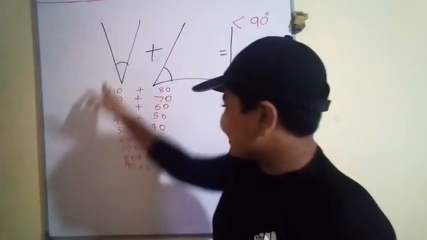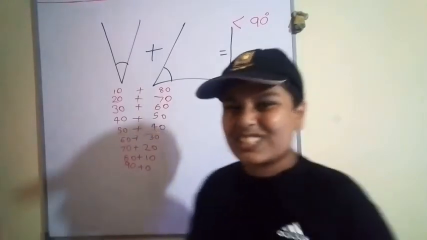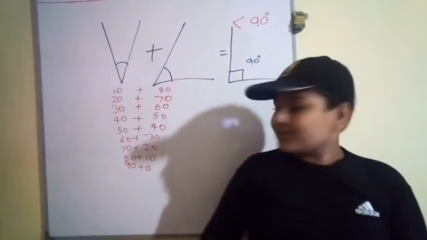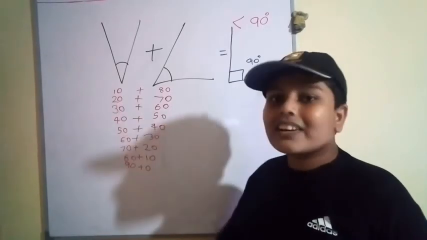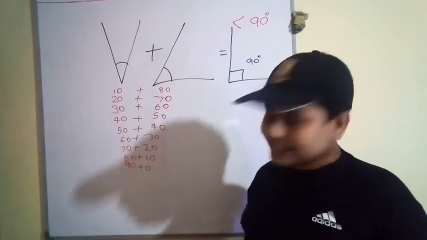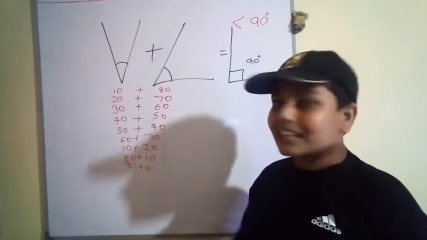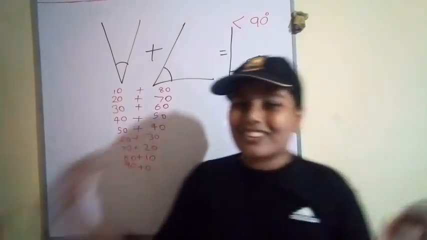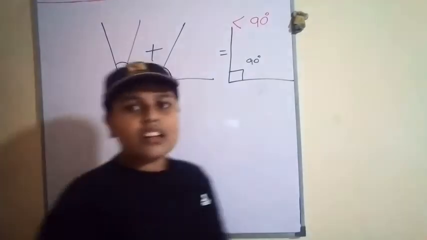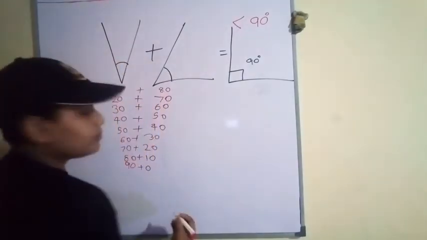Now 10 plus 80 is 90, 20 plus 70 is 90, 30 plus 60 is 90, 40 plus 50 is 90, 50 plus 40 is 90. Again the opposite ones are all 90. Now you can get another one also.